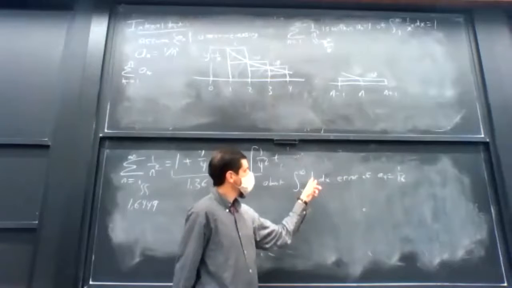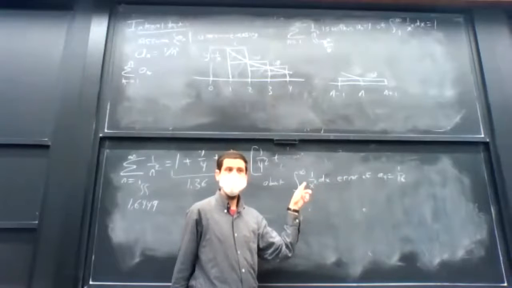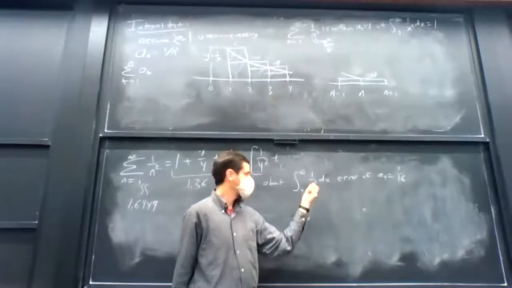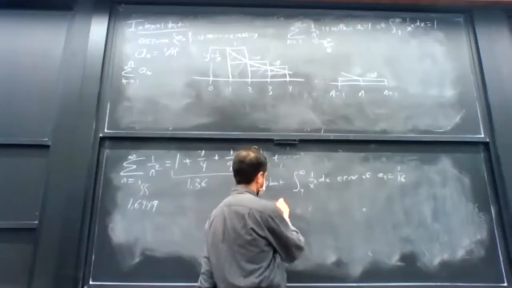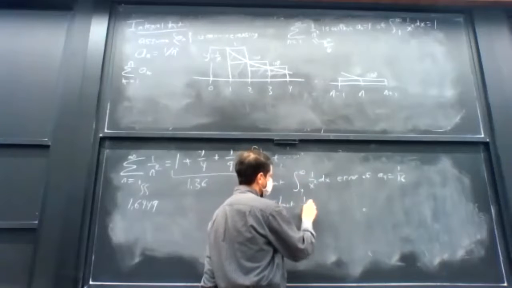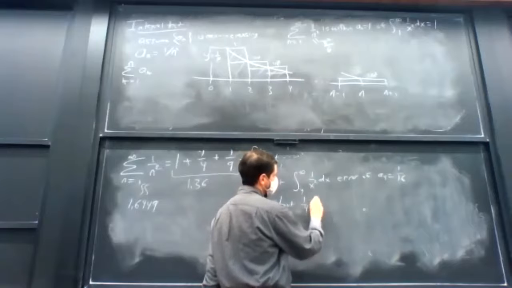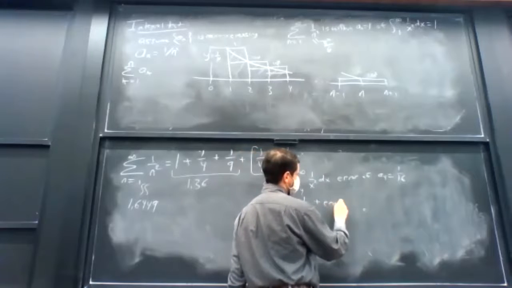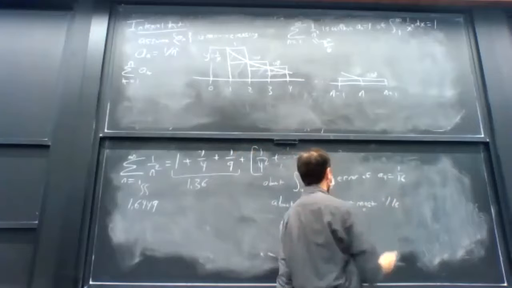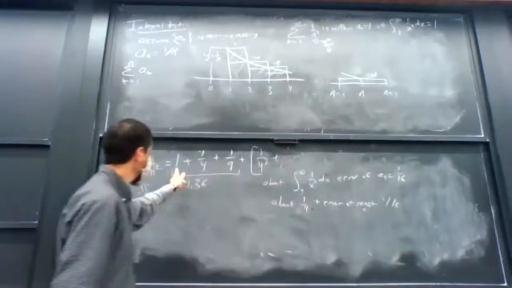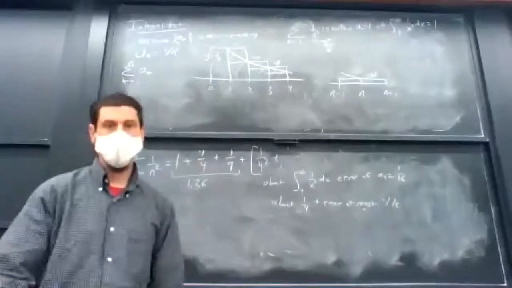What function has derivative 1 over x squared? Negative 1 over x. And then we flip the order of integration, so we get 1/4. So it's about 1/4 plus the error at most 1/16. So we would have the 1 plus 1/4 plus 1/9 plus 1/4.